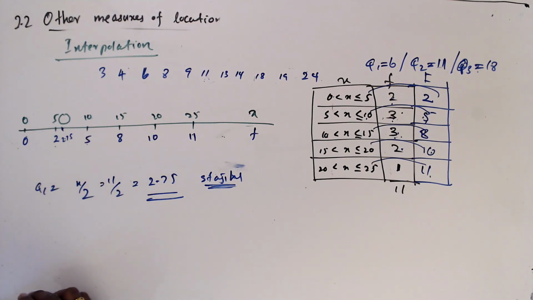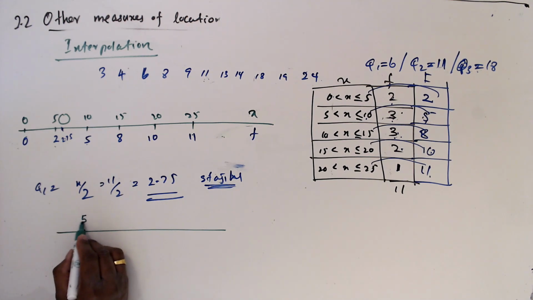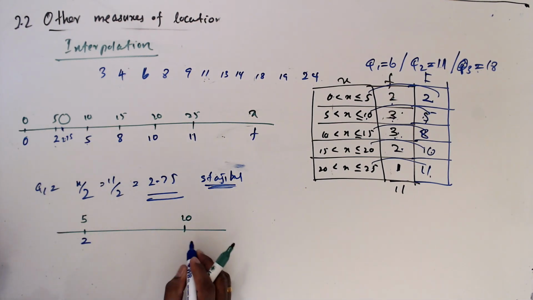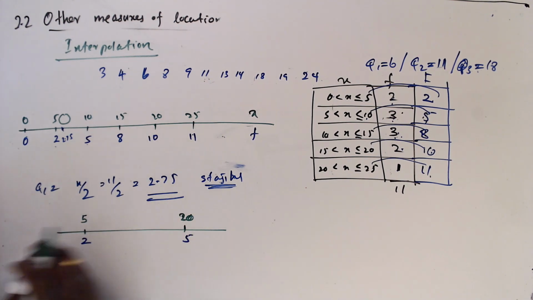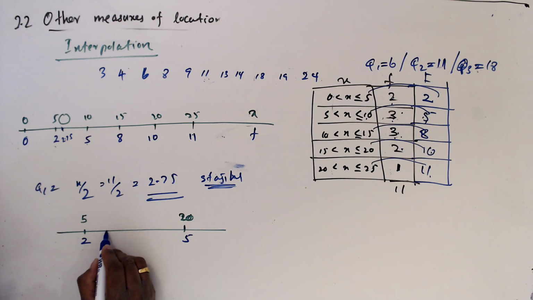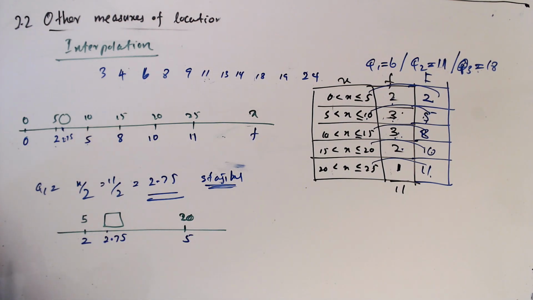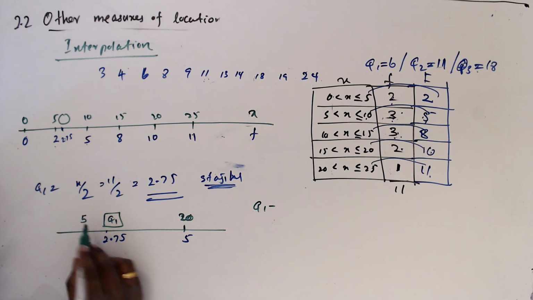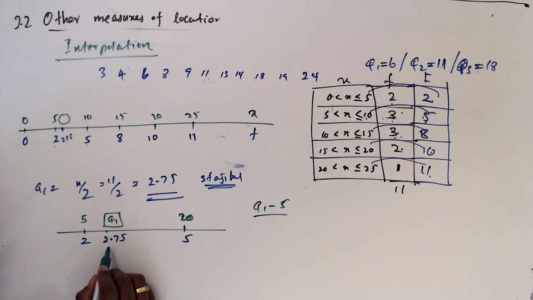So now I'm going to magnify this one here. This is the 5 value, this is the 10 value, this is 2, and this is 5. I'll take only that part. Now what is the first quartile? 2.75. Now you need the relevant value for that. Now it is simple. Write the ratio. Assume this is Q1. So Q1 minus 5 divided by 20 minus 5. That ratio should be equal to the ratio from the f scale.